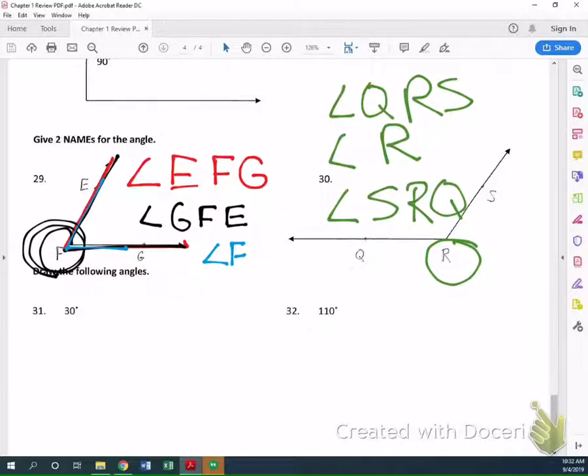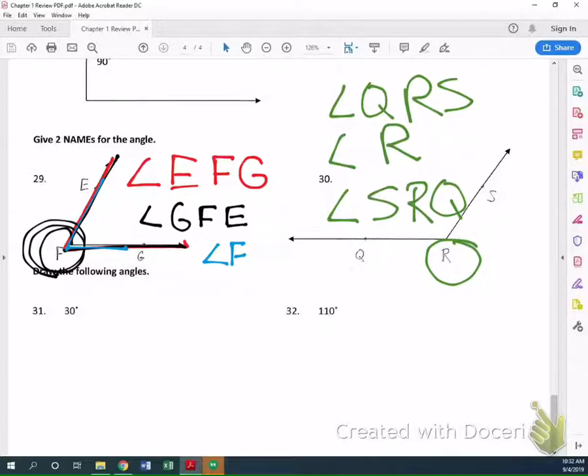So what you want to do is draw a ray first. It's sort of the reverse process of what we were doing last week when we were measuring them. So you draw a ray. Put this little T right on top of the ray. At the end, count up to the 30, mark it off, draw it in.